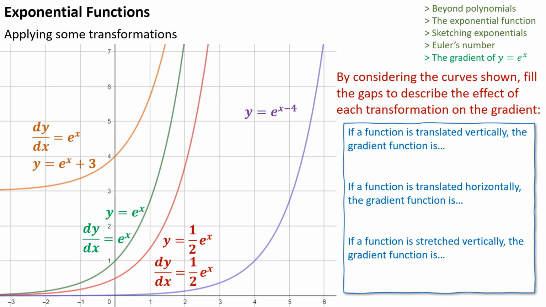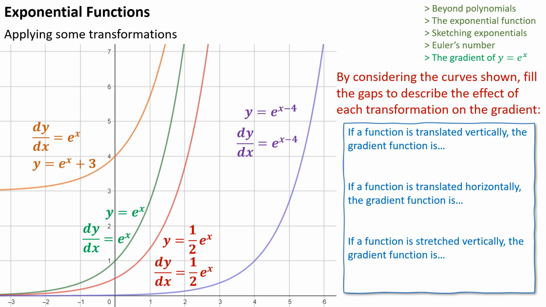When you squash something vertically, then you also squash the slope, if you like. If you take a y equals x graph and squash it vertically, so it's stretched by a scale factor of half, it becomes y equals a half x, and therefore the gradient has been halved. You can look at any given x coordinate and compare the y equals a half e to the x graph to y equals e to the x, and you'll see that the slope looks like about half of what it would be on the original graph.